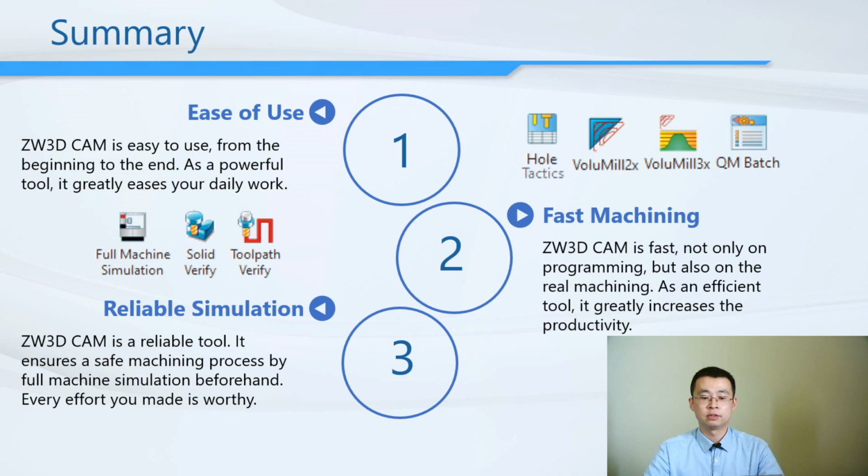And ZW3D is also a reliable simulation by providing 3 ways for you to check the tool paths, or to check the motion of the tools, or to check the motion of the full machine. It is reliable, it ensures you a safe machining procedure. Every effort you make with ZW3D is worth it.